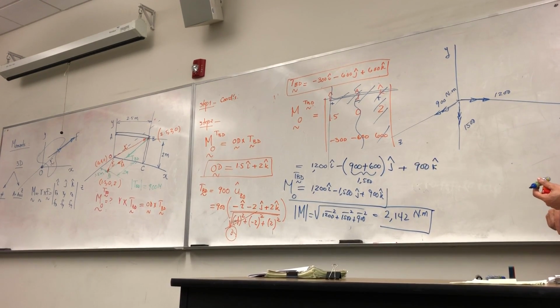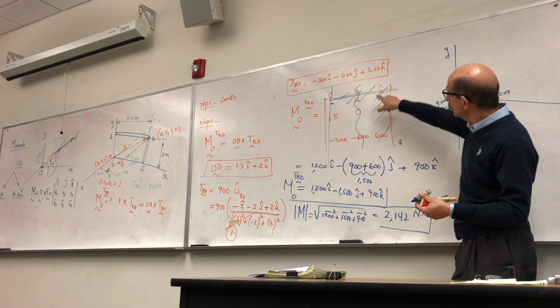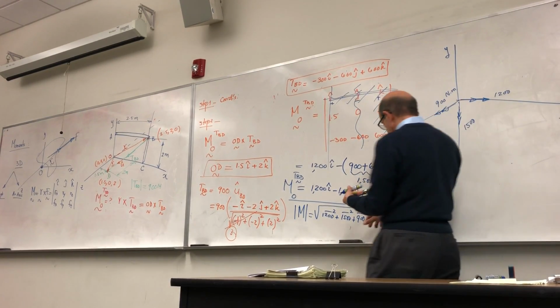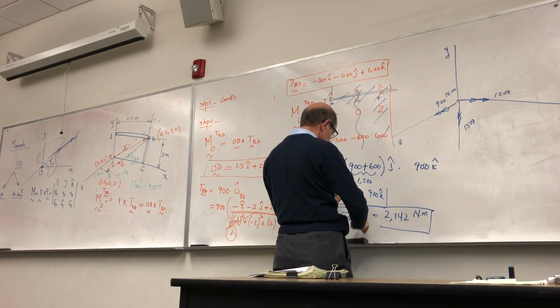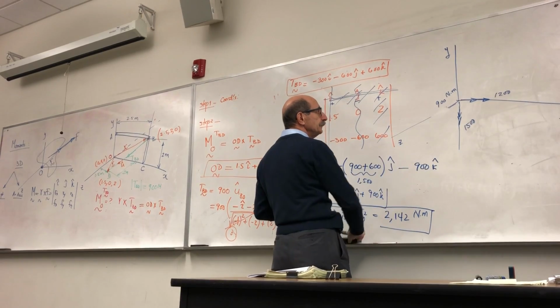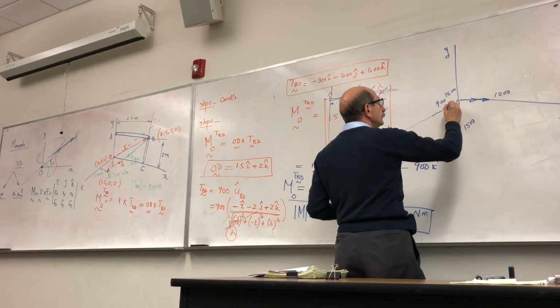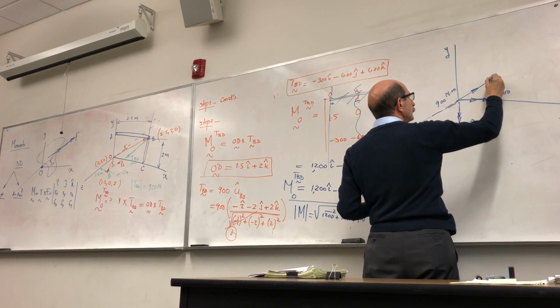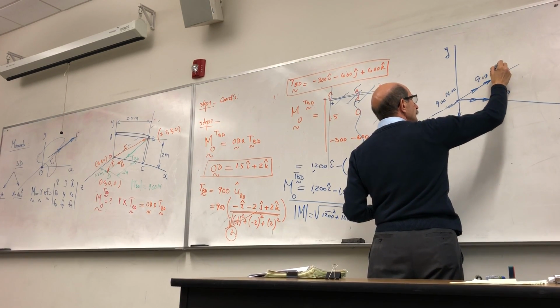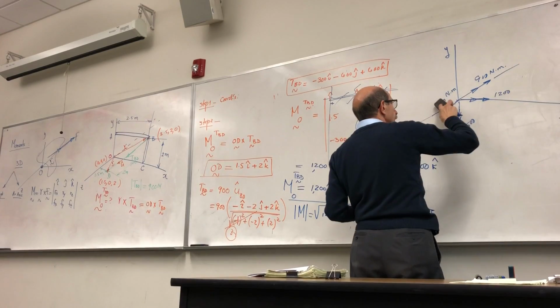Is it negative 900? Yeah. k would be 1.5 times, yes, that is negative. Good that you noticed, yes. It is negative, so it's going to rotate then in this direction. So 900 newton meter, okay?